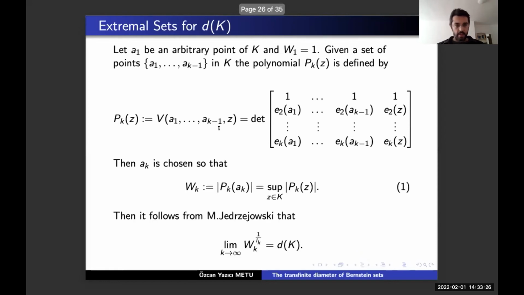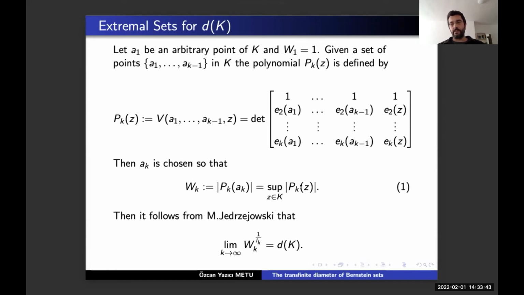It has a supremum at some point, let's say a_k. So we choose a_k as the extremal point for this polynomial.